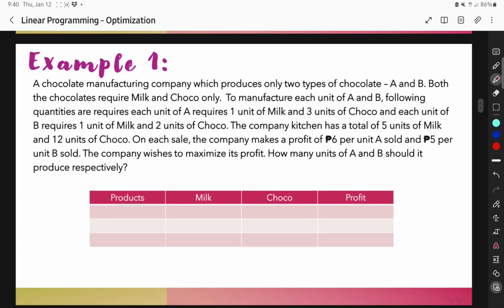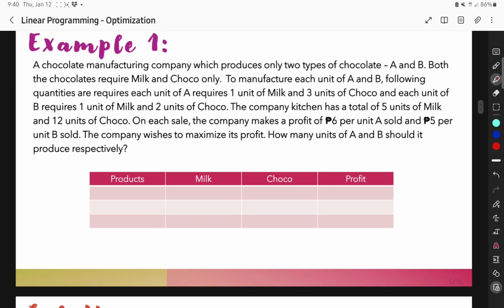So let's have our first example. A chocolate manufacturing company produces only two types of chocolates, A and B. Both of the chocolates require milk and chocolate. To manufacture each unit of A and B, the following quantities are required. Each unit of A requires 1 unit of milk and 3 units of chocolate, and each unit of B requires 1 unit of milk and 2 units of chocolate.